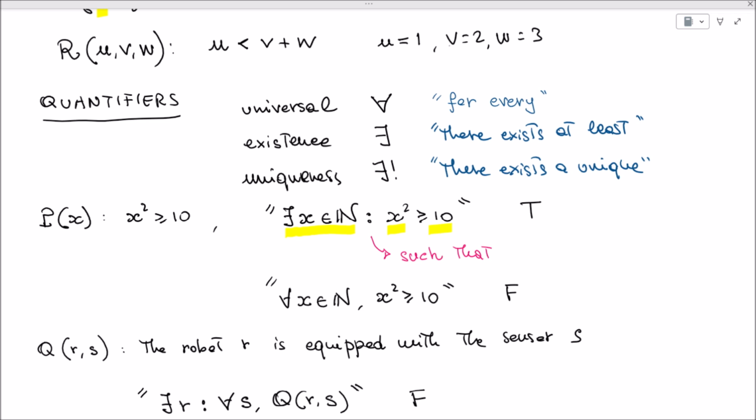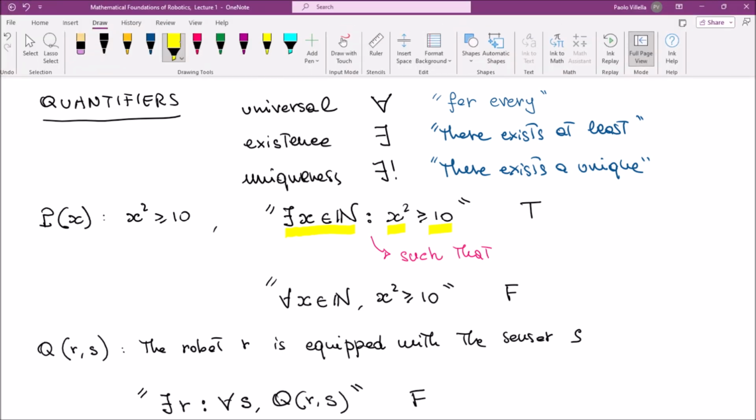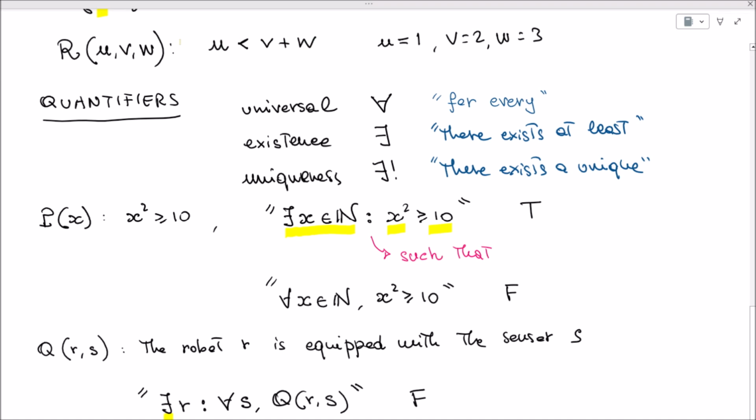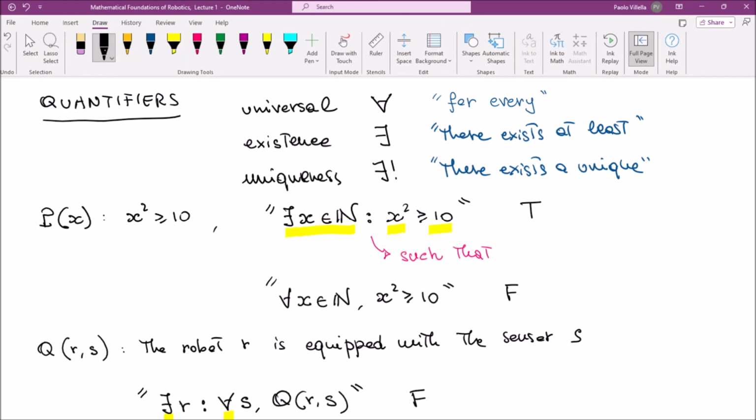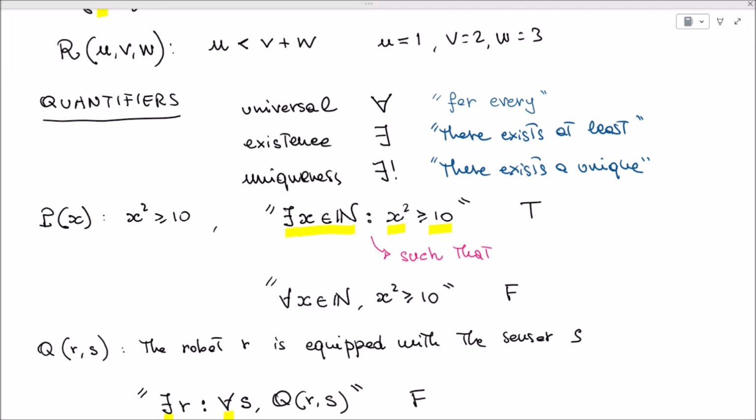What happens if we invert the position of the two quantifiers? Because you see, in this case, we have just used the existence quantifier and the universal quantifier in this specific order. Let's just invert the position. Let's write: for every sensor s, there exists a robot r such that q of r, s.